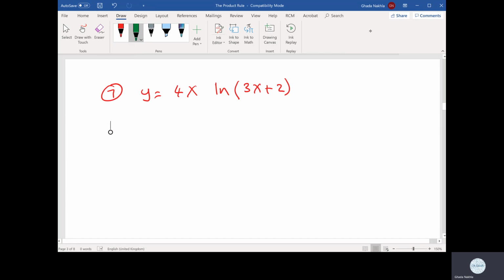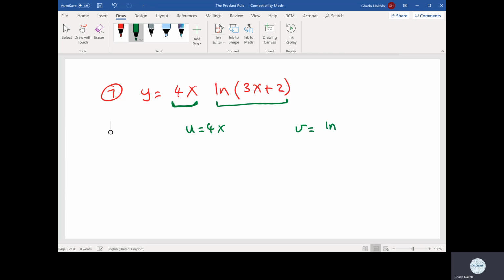Why is it complex? 4x is a function of x, so this will be u. Now, ln 3x plus 2 is another function of x. Okay, so u should be 4x. v should be ln 3x plus 2.